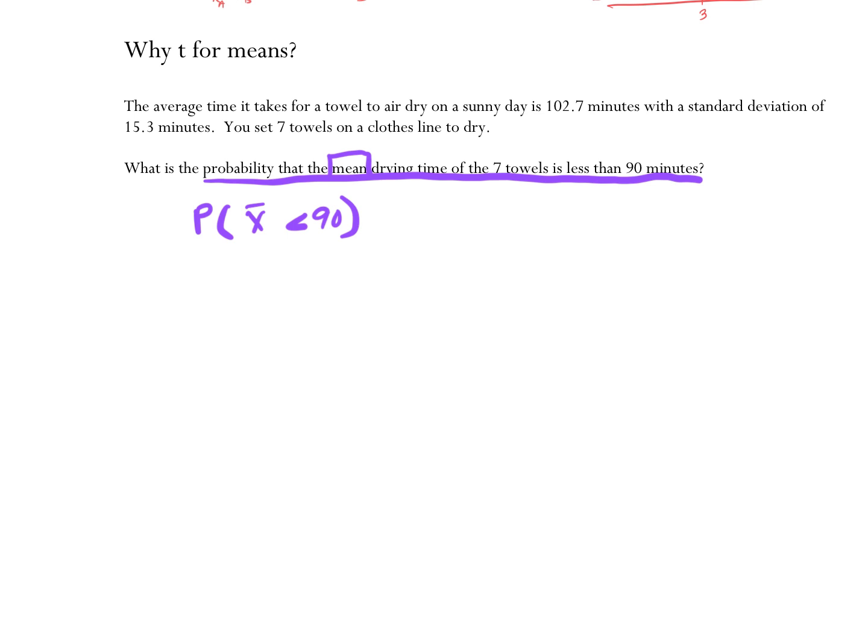All right. So if that's the case, I would need to think through, well, what is the mean of my X bars? What is the standard deviation of my X bars? What is the shape of my X bars? What is the mean of my X bars?